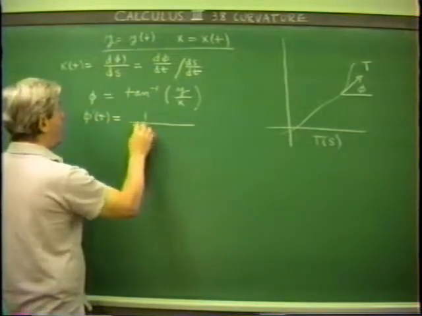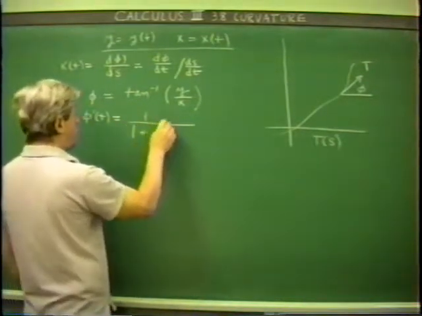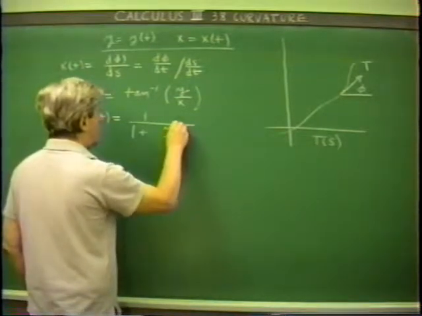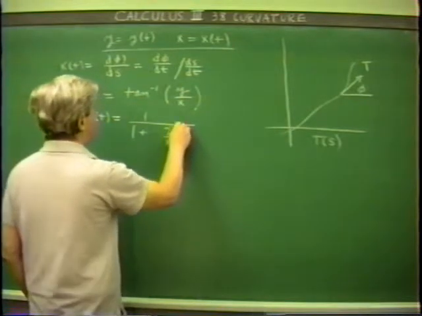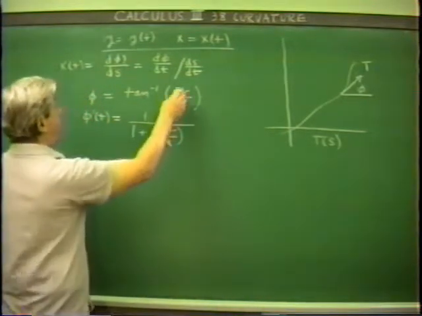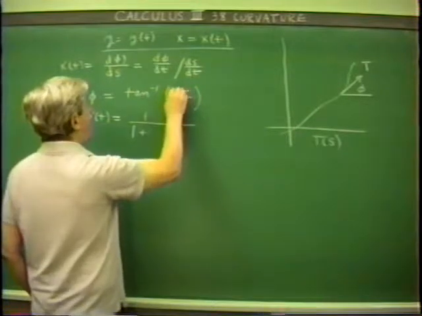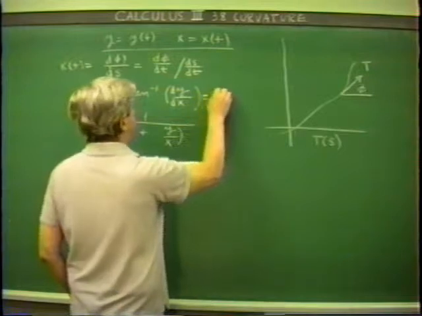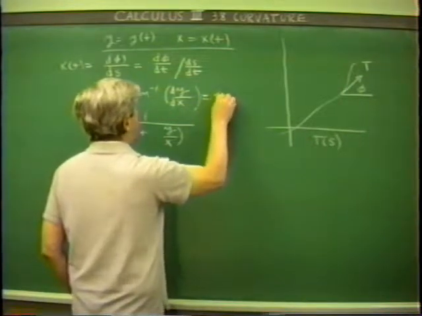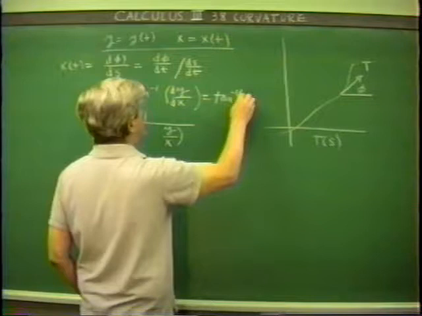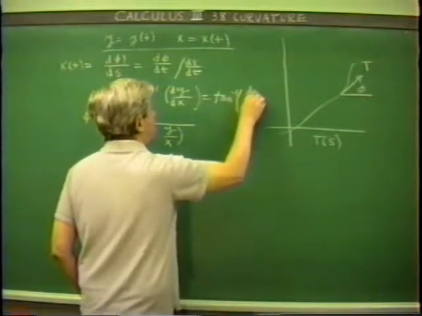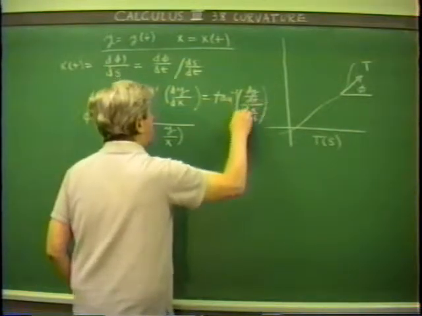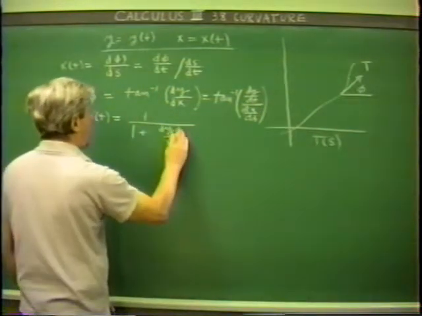This is a composition, so the derivative is going to be 1 over, the derivative of tangent inverse is 1 over 1 plus the quantity squared, so it's going to be 1 over 1 plus this, which should be dy/dx. Right? Phi is the tangent inverse of dy/dx, which is going to be tangent inverse of (dy/dt) over (dx/dt).